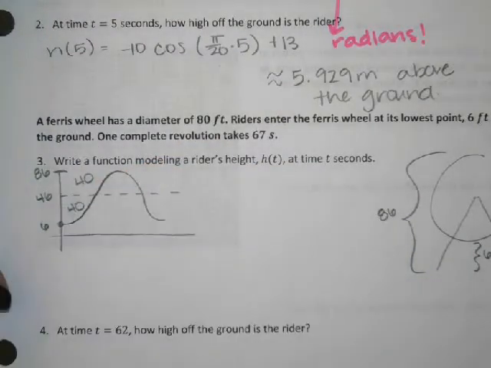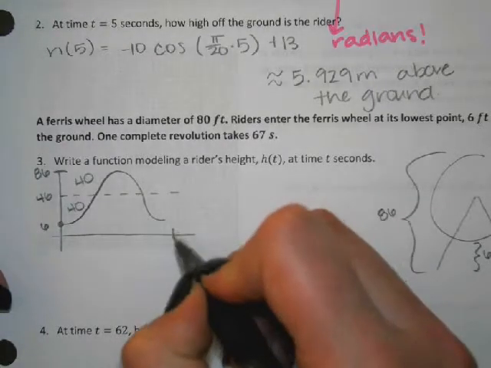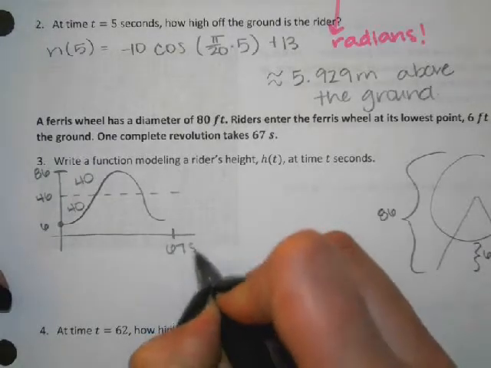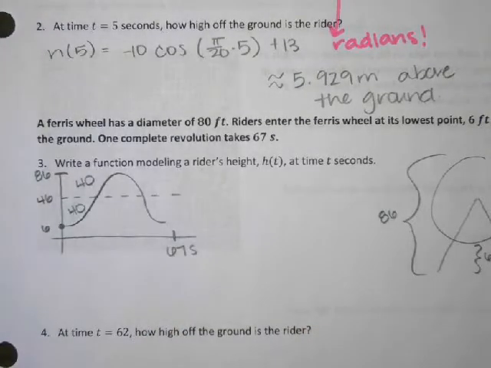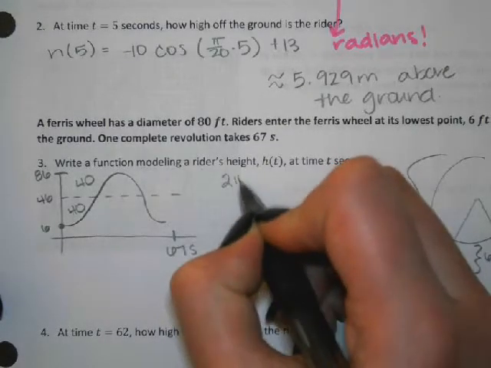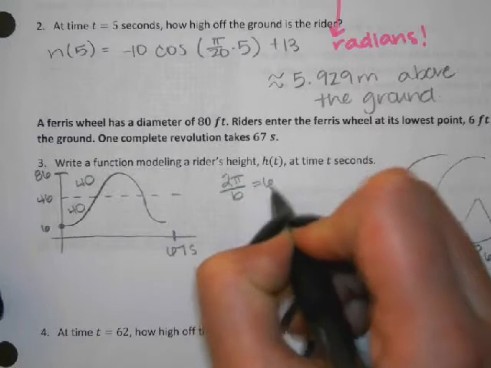Okay. And then it completes one revolution in 67 seconds, and so that's the period of the graph. And so to figure out the b value, we're going to do 2 pi divided by b equals 67.